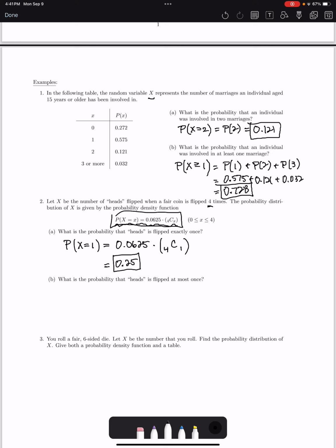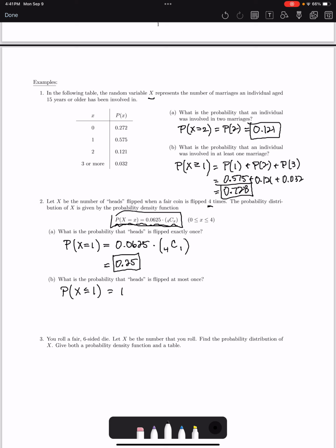Part B, what's the probability that heads is flipped at most once? Okay, at most once. If it's flipped at most once, then that means it wasn't flipped twice or 3 times, right? It must have been flipped 1 time or 0 times, okay? So the probability that x is at most 1 would mean x is less than or equal to 1, okay?